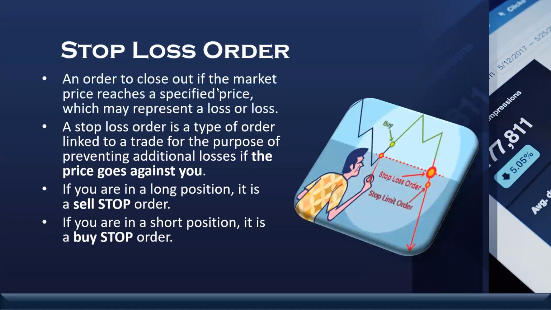So it's an order to close out of that position if the market reaches a specified price, which may represent a loss. So a stop loss order is a type of order linked to a trade for the purpose of preventing additional losses. All right. It prevents you from additional losses.